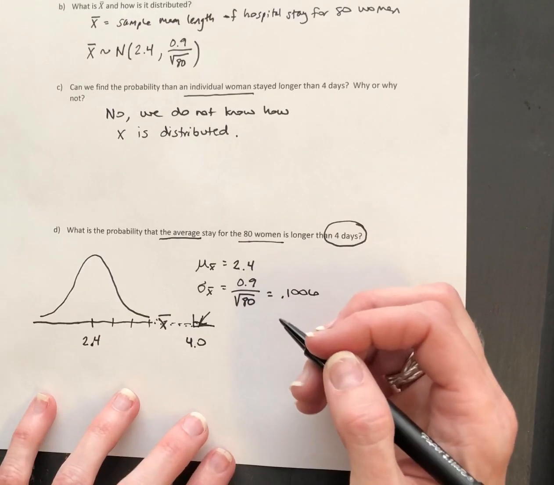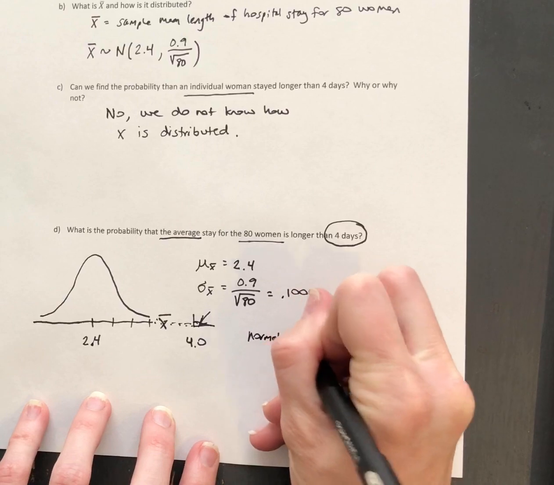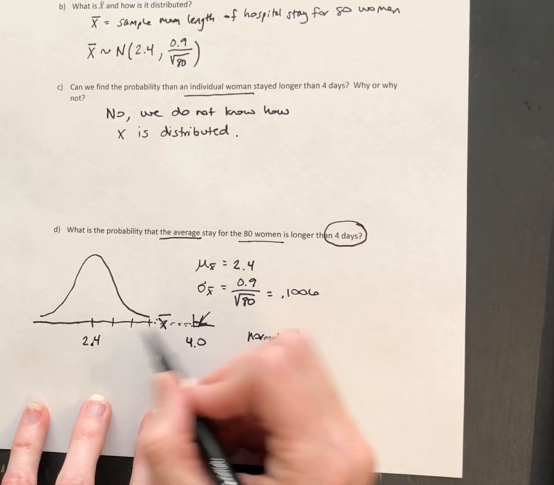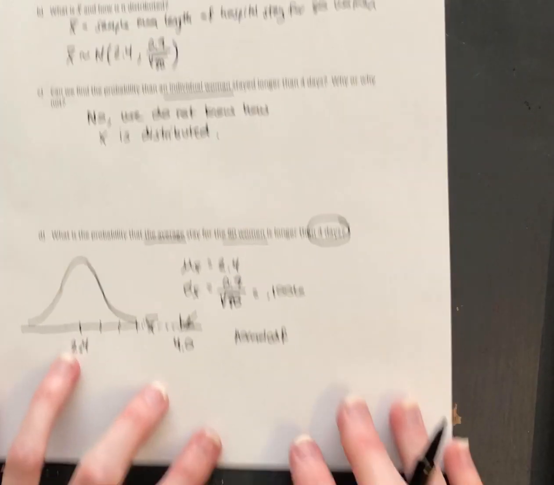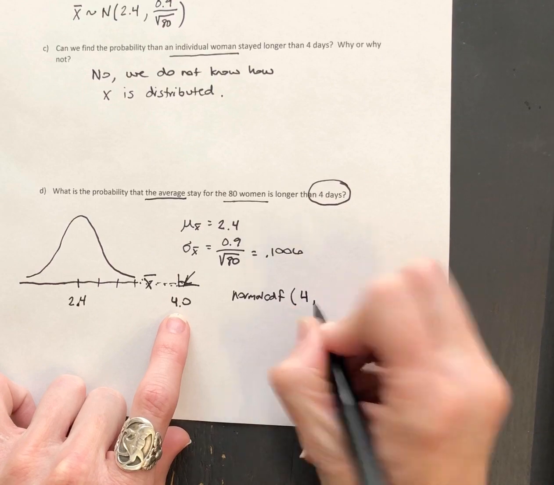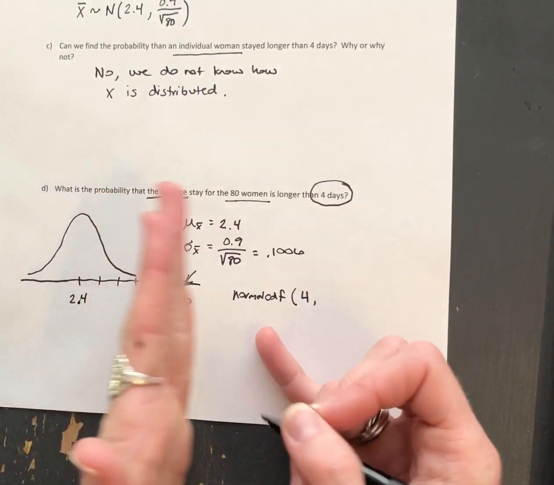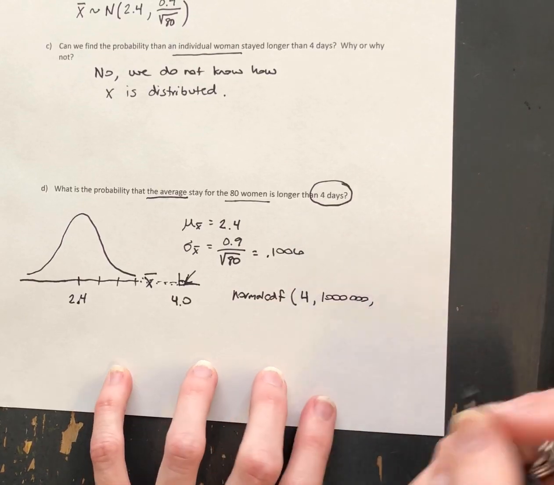So we can use normal CDF. And that's because we're looking at the distribution of X bar, which was normally distributed. So we want to start finding area at 4. That's our lower. We're going to continue upward infinitely, so we'll just use positive a million.